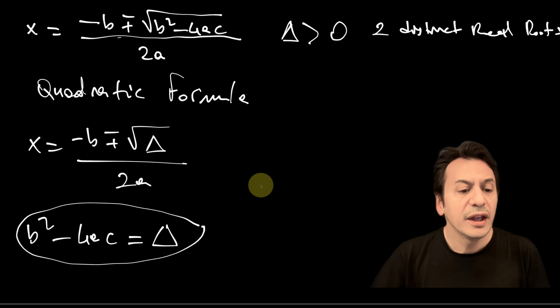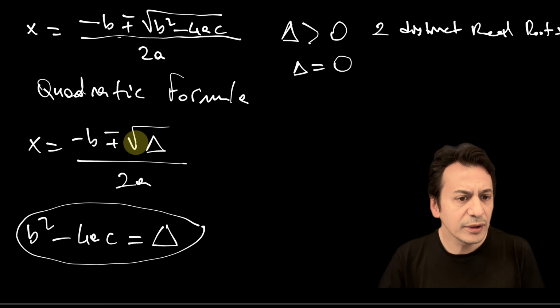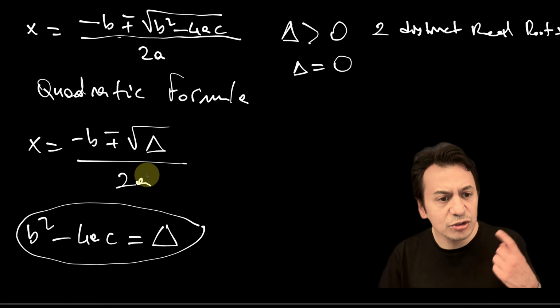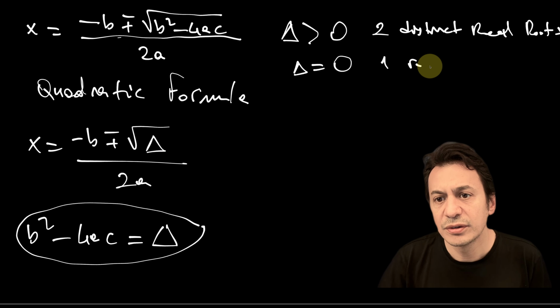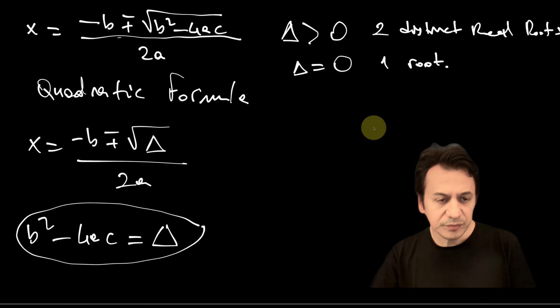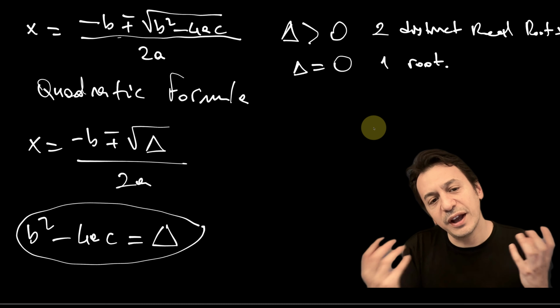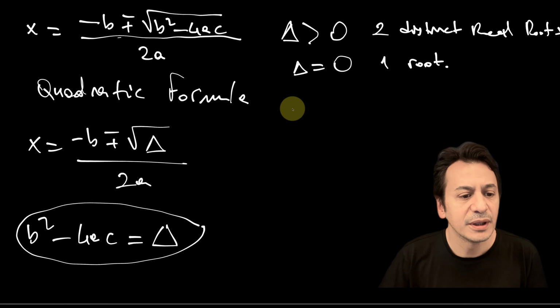Great. And if this delta equals 0, now, since it won't change anything, I'll have just one root. Only one root. Or you can say it like two roots will be the same, or they will be equal to each other.